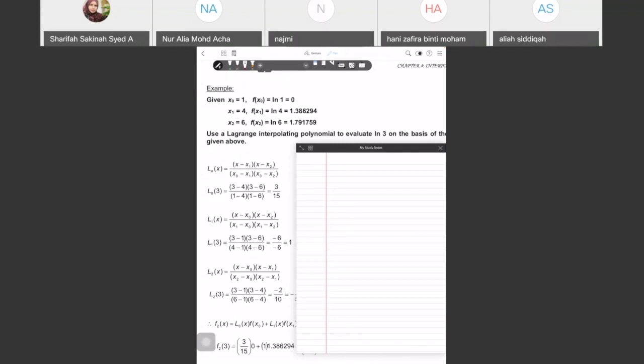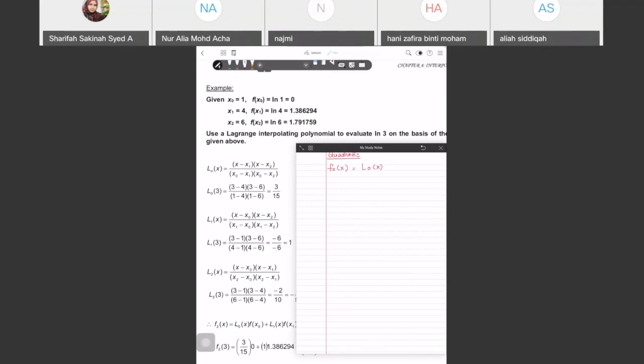Okay, for the Lagrange polynomial, same like the Newton polynomial, we want to construct a function. So we have f2 because we have 3 points, so it's a quadratic Lagrange polynomial. So f2 equals, in Newton we call it B naught, in Lagrange we call it L naught.